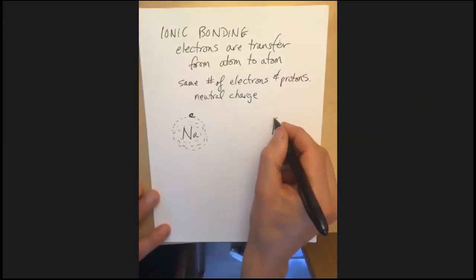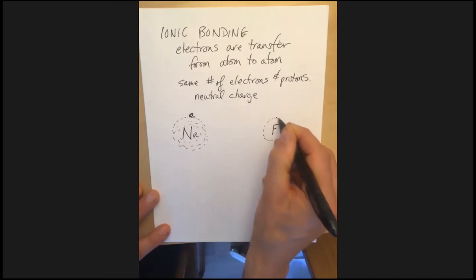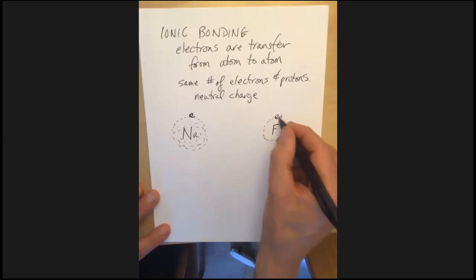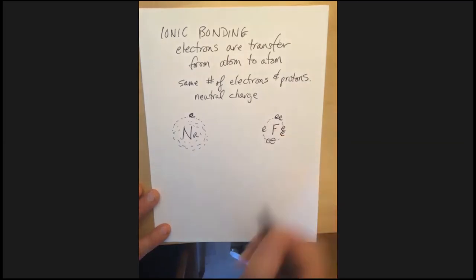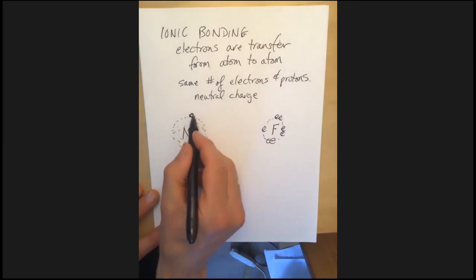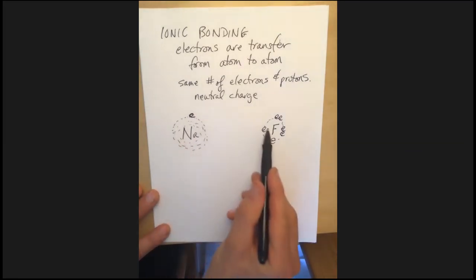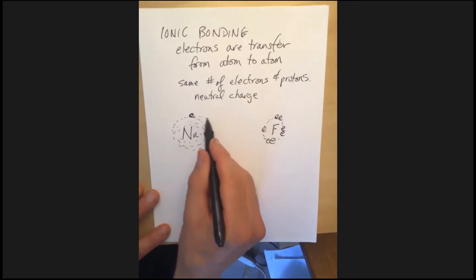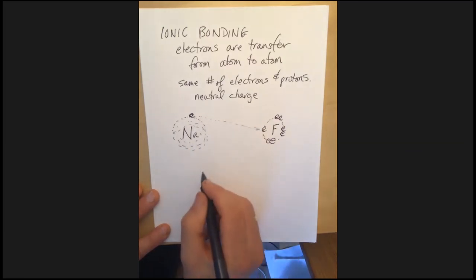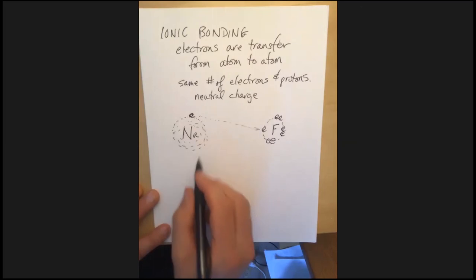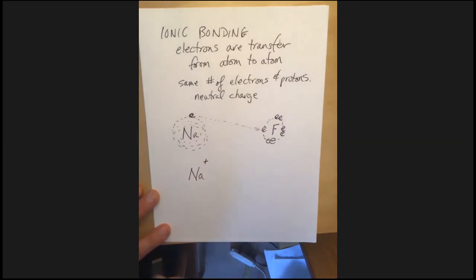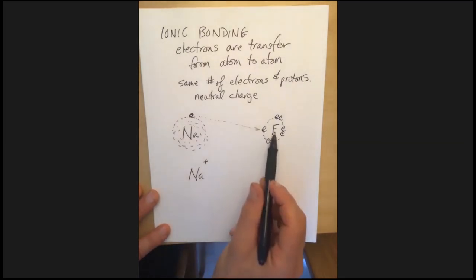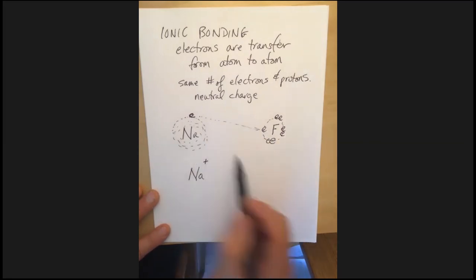So I'm going to draw a little line saying it's going over there. And as soon as it does that, my sodium is going to go from being sodium neutral to being sodium with a positive charge, and my fluorine is going to go from being neutral fluorine to fluorine with a negative charge.